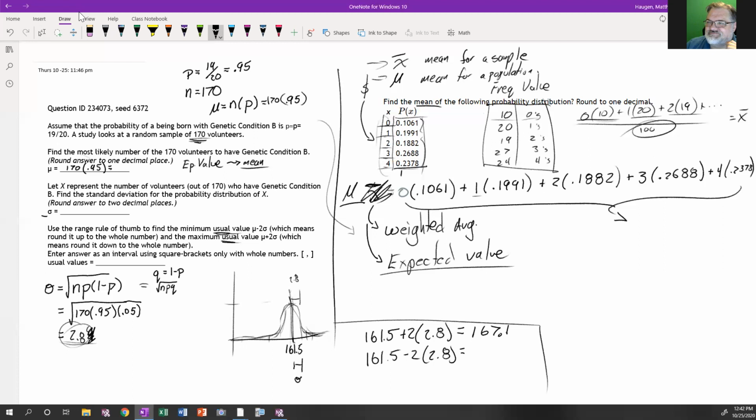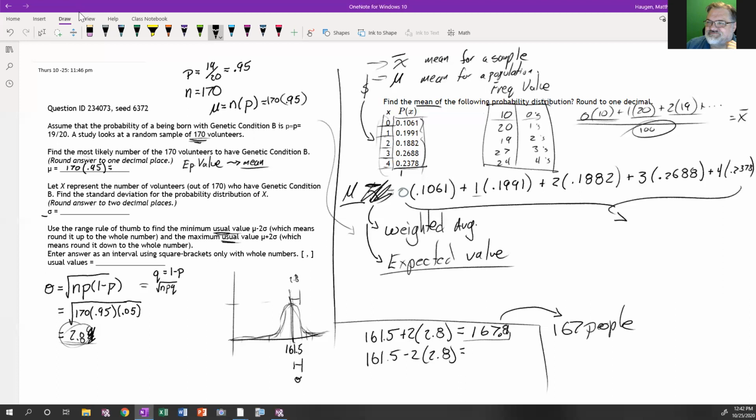So we would normally find a maximum of 167.1, but 167.1 is 167 people.